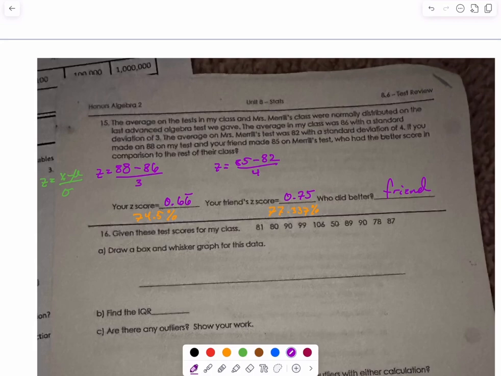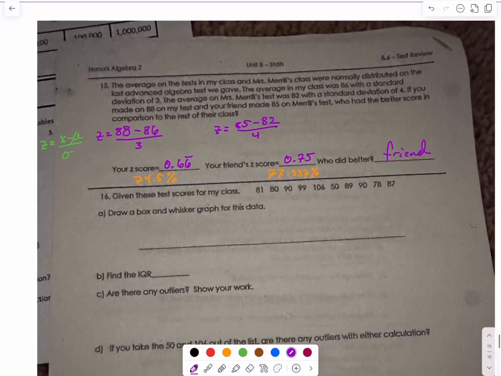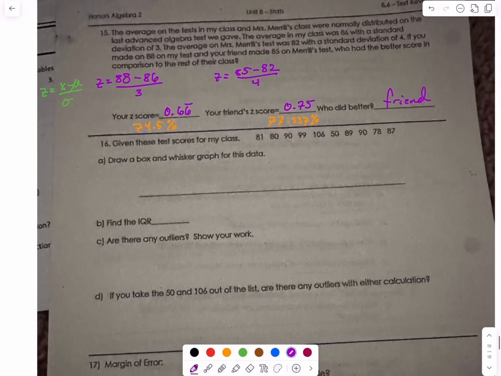Okay. Given these test scores in my class, draw a box and whisker graph for the data. Okay, let me look that up real quick. Box and whiskers, so it's like you have, I think it's the quartiles, like the first quartile, third quartile, your average is in the middle, and then your outliers are on the end.